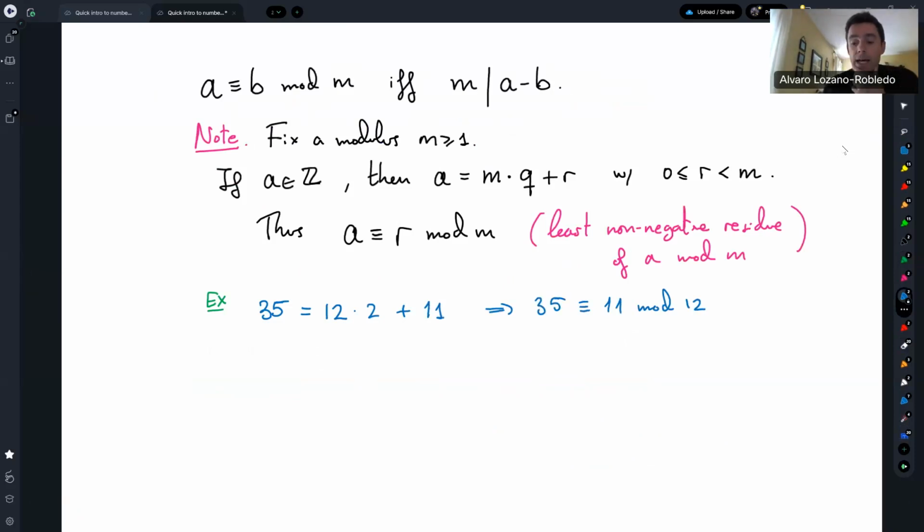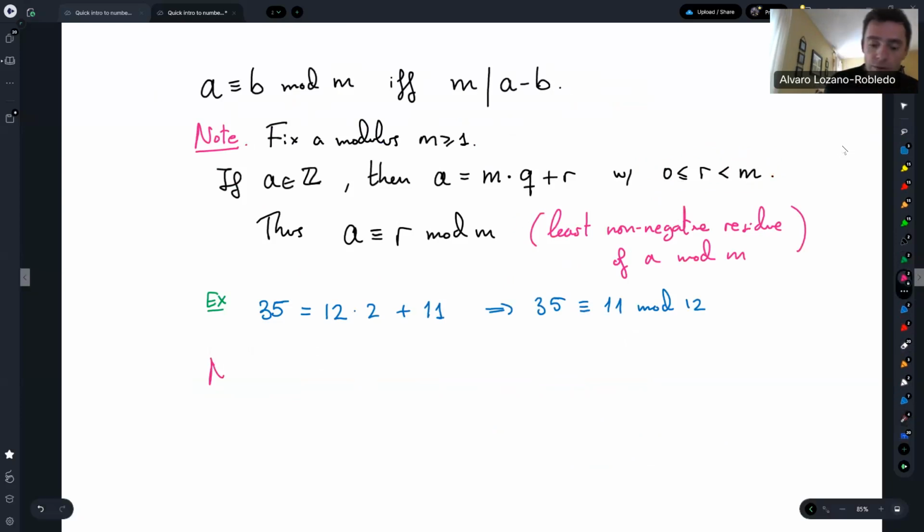Great. Now, this tells me also that every number is going to be congruent to one of these possible remainders. So every integer is congruent to a number between 0 and m minus 1.